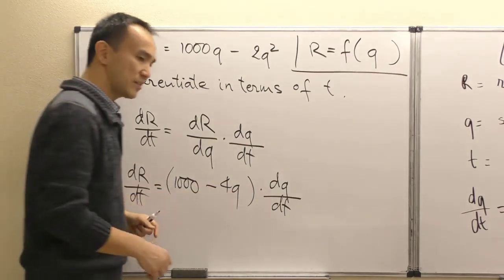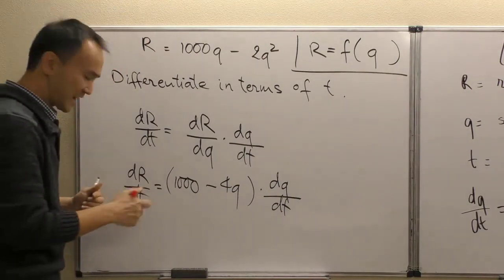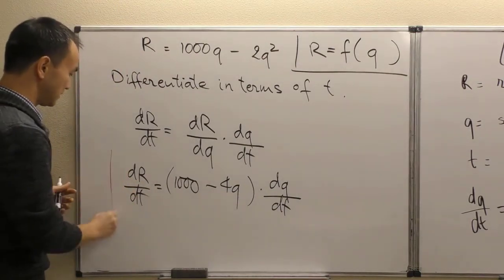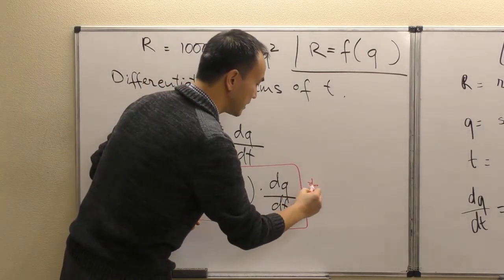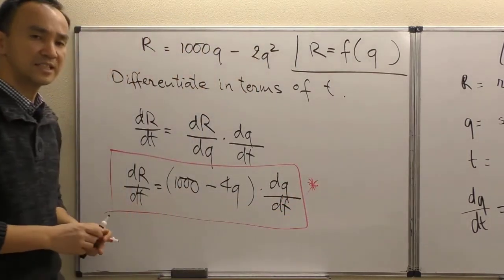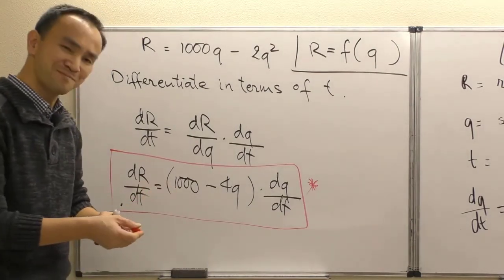This is a related rate. This is an equation that relates all of the rates in our problem. That's how I have found all related rates in this equation.